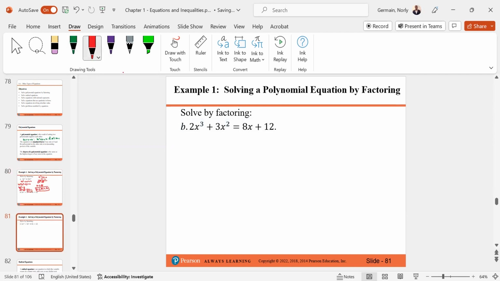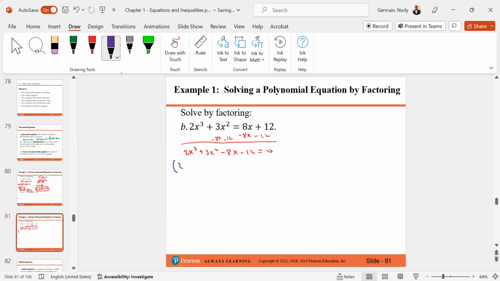We're going to move all the terms to one side. If you subtract 8x from both sides and subtract 12 from both sides, what you end up having is 2x cubed plus 3x squared minus 8x minus 12 equals 0. Remember, the technique of factoring by grouping is to combine terms that have common factors.